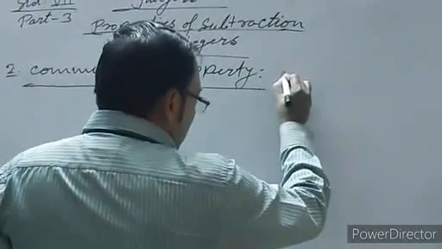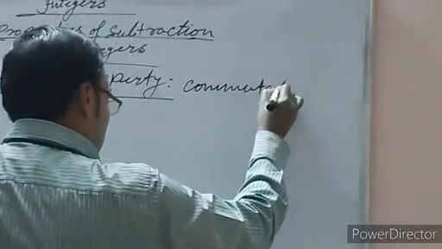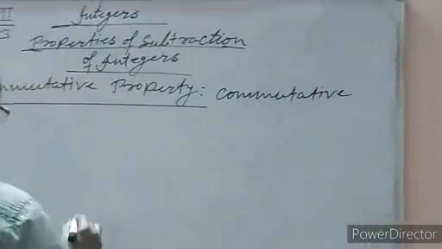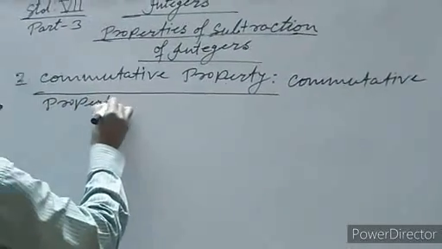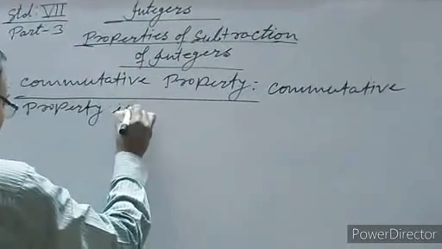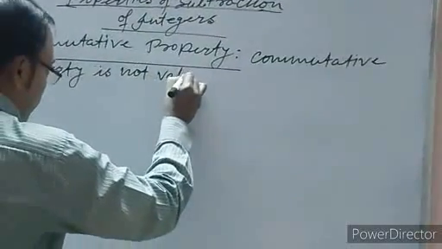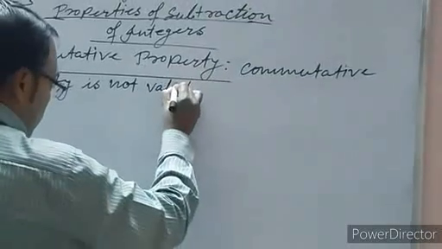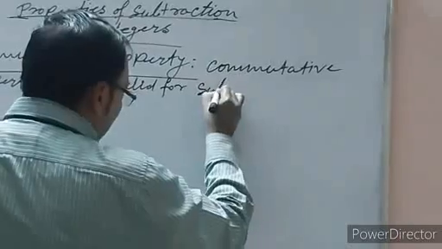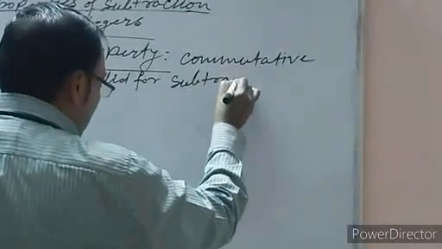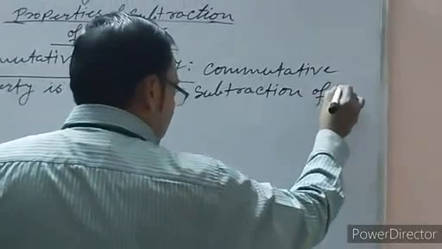So commutative property is not valid for subtraction of integers.